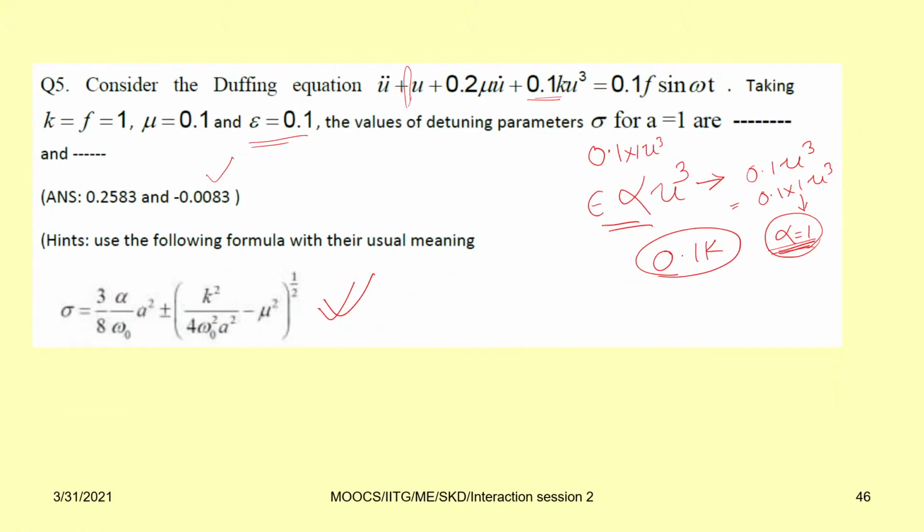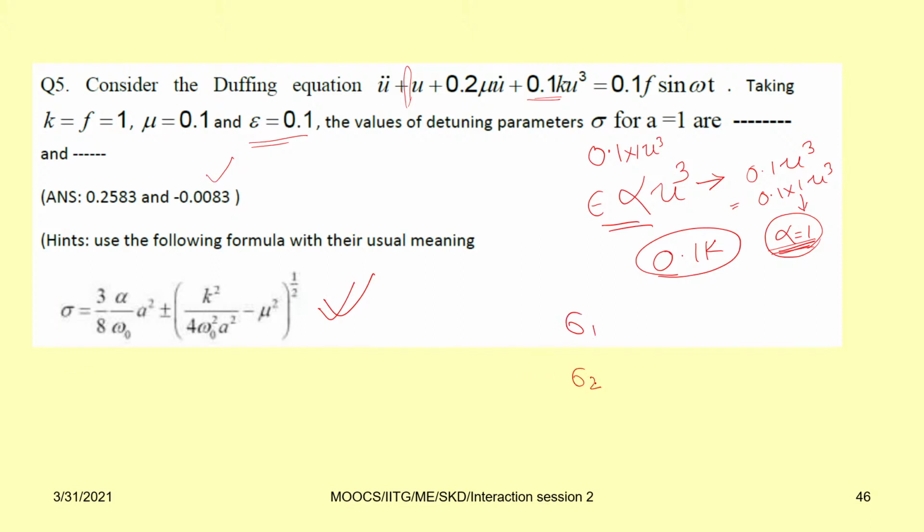So this is the equation. For the Duffing equation, you can plot sigma equal to 3 by 8 alpha by omega 0 a square plus minus square root of k square by 4 omega 0 square a square minus mu square. So you have two values. For plus value you have sigma 1, for minus value you have sigma 2.